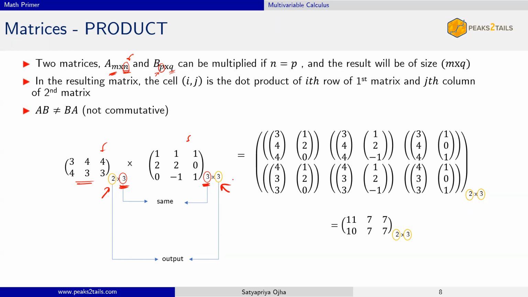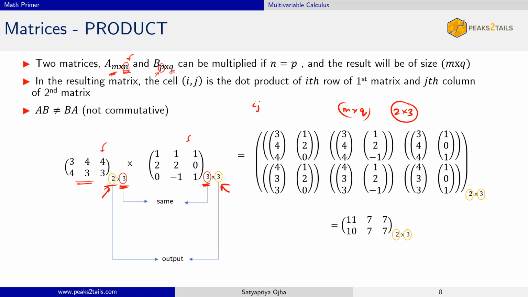Now, how do we multiply matrices? One golden rule you have to remember. You know the resulting matrix dimension, right? It will have a dimension of m cross q, in this case 2 cross 3. So there are 6 elements: 2 rows, 3 columns.